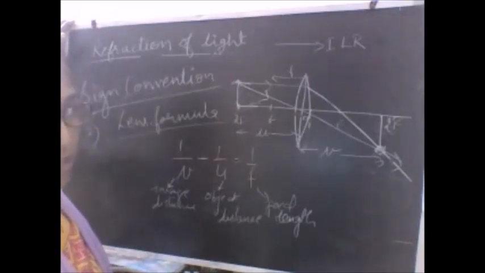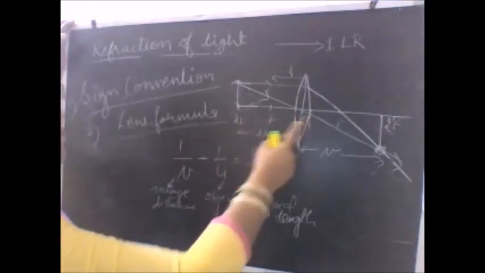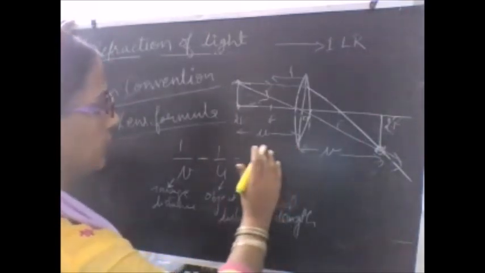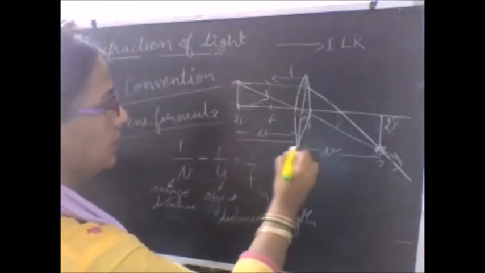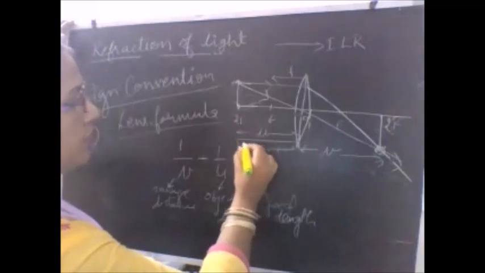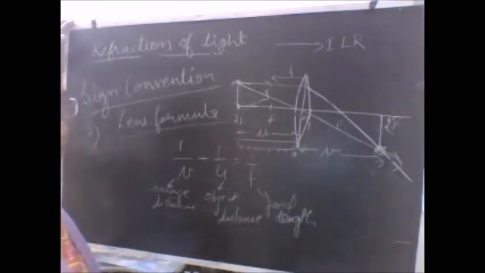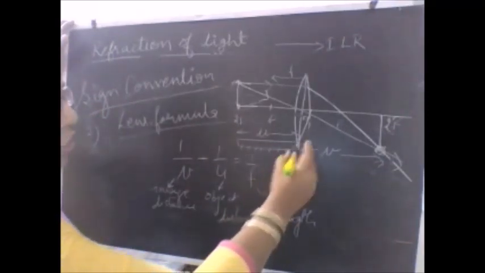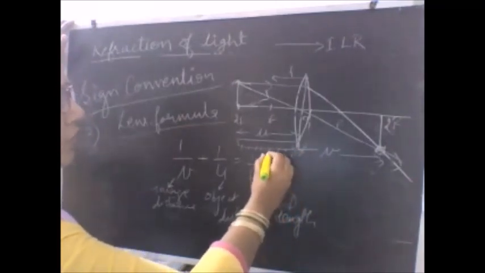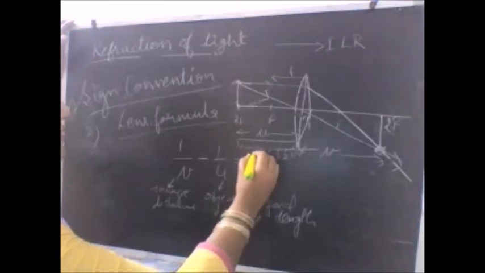And from where are we supposed to measure the distance? In the case of a mirror, we used to put the zero of the scale at the pole. Here we put the zero of the scale at the optical center. So we have to start the measurement from the optical center: 0, 1, 2, 3, 4, 5, 6 and so on.